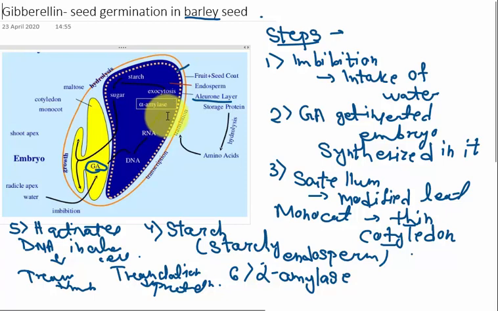So the endosperm solutes are absorbed by the scutellum and transported to the growing embryo, and the sugar produced by the hydrolysis acts as the fuel for respiration. So there is the hydrolysis of the starch in the endosperm, and sugar formation takes place, and by the help of the scutellum the solute is transported to the growing embryo and growth occurs. Then germination occurs.